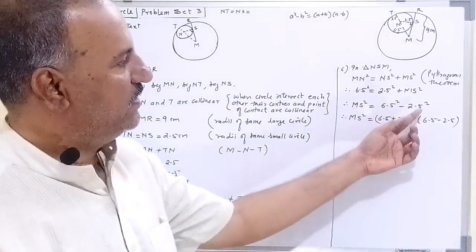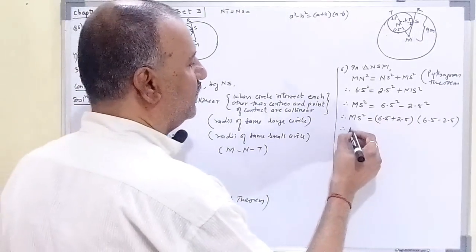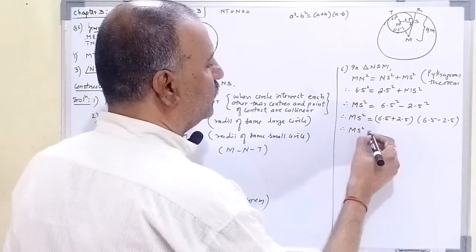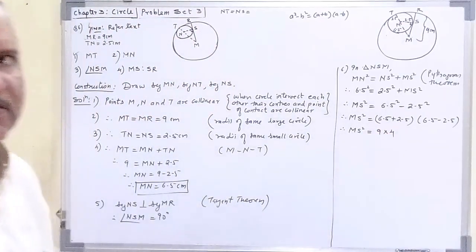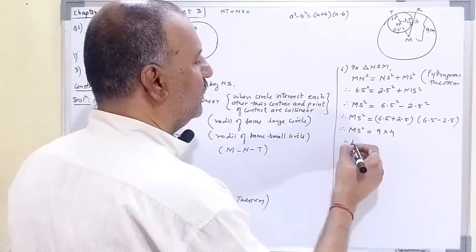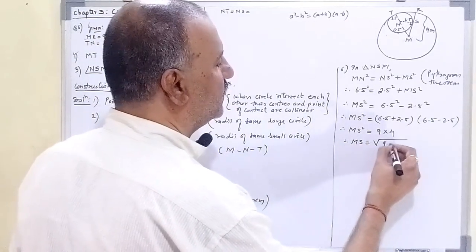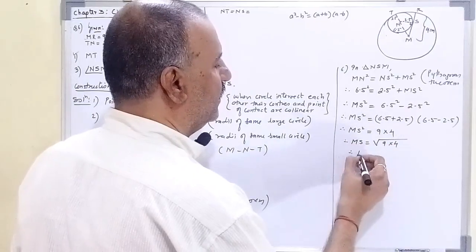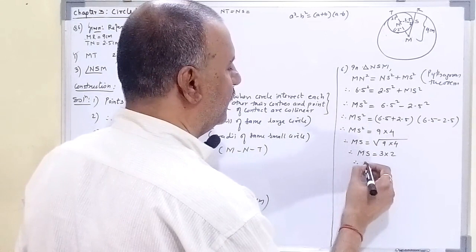देखो ये a square minus b square, so a plus b, a minus b. देखो क्या आता है? We get MS square equal to 9 into 4. 6.5 plus 2.5 is 9. 6.5 minus 2.5 is 4. Therefore MS square, उसको मल्टीप्लाई मत करो, सीधा स्क्वायर करो. Therefore MS equal to 3 into 2.